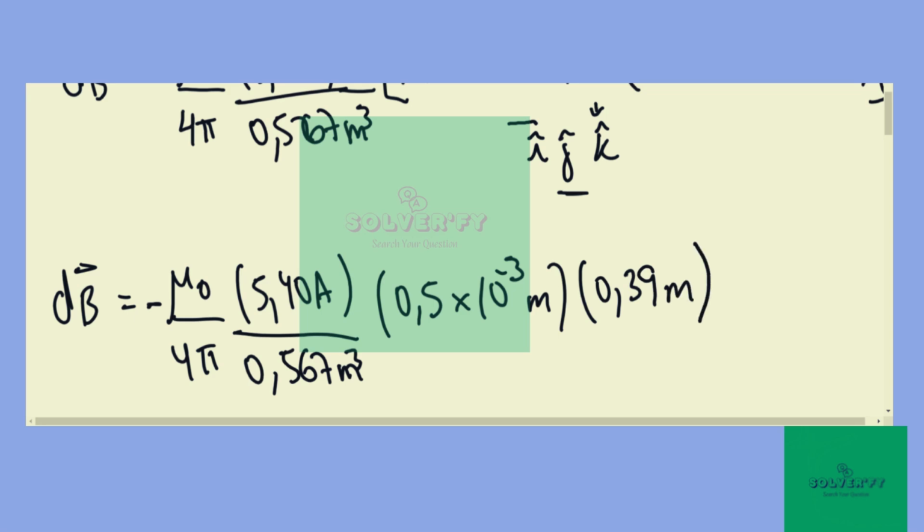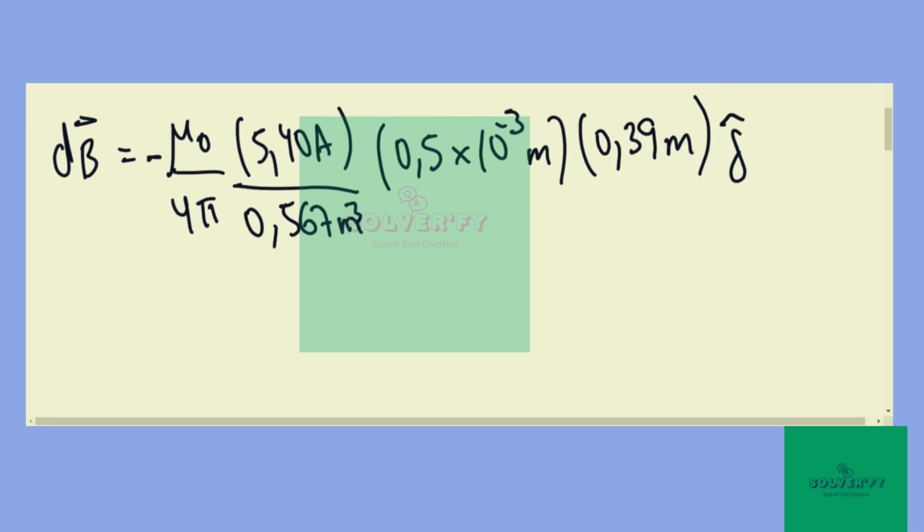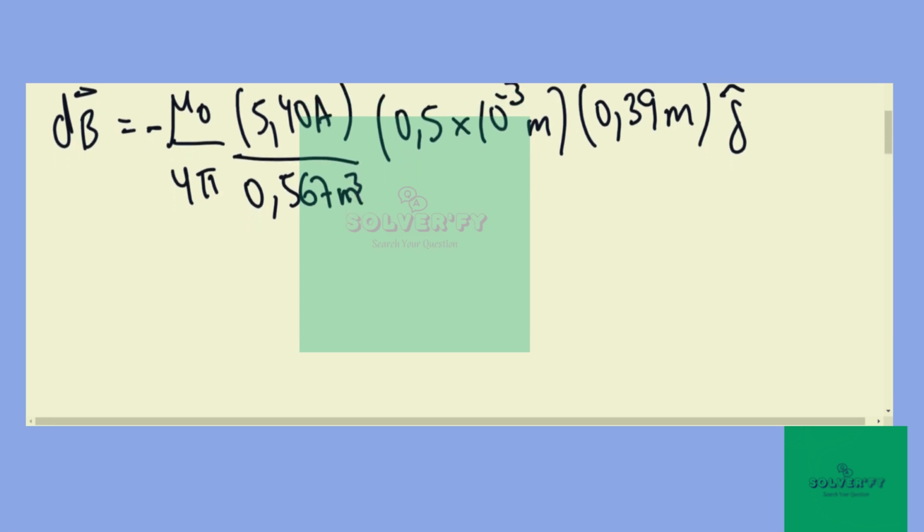That's the only component that survives after the cross product, and this in the j direction. So with this, we just need to put the values of mu sub 0, and the value for mu sub 0 is 4 pi times 10 to the minus 7. So the 4 pi goes away with the 4 pi in the denominator. So we will take 10 to the minus 7. Let me correct that.